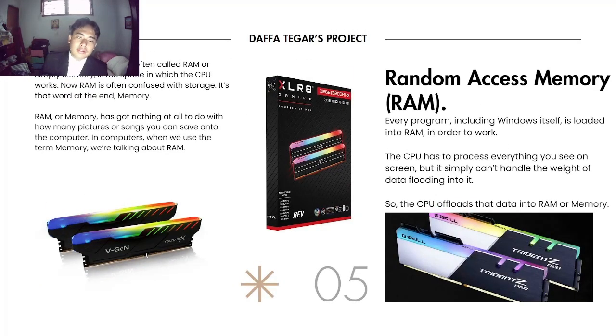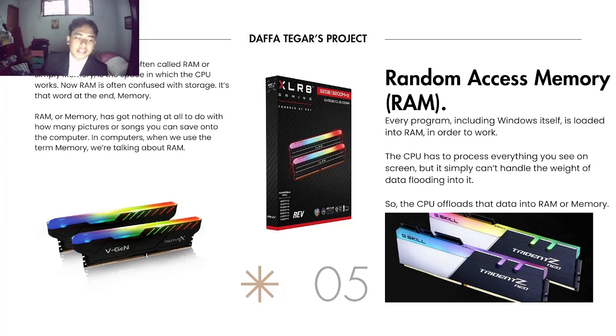Number three is the RAM, or random access memory. It's like simple memory, a space for the CPU to work. RAM is often confused with storage, but it is different from storage, where we can save files or photos.